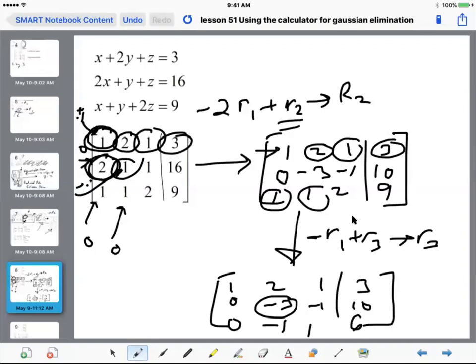Jonah, I want to say something about the R2 plus R1. The problem with it, because you are allowed to do other operations to make this a 1, but if you actually did R2 plus R1 into R1, it would mess up the 0 that you got in the second step. So you do want to be careful.